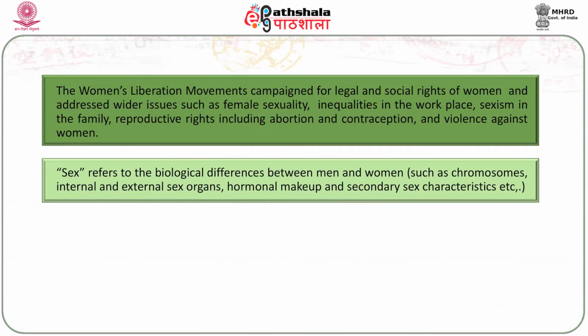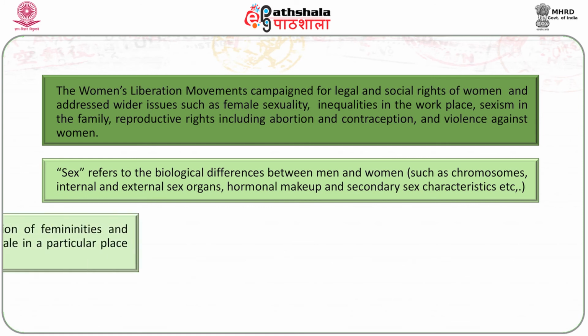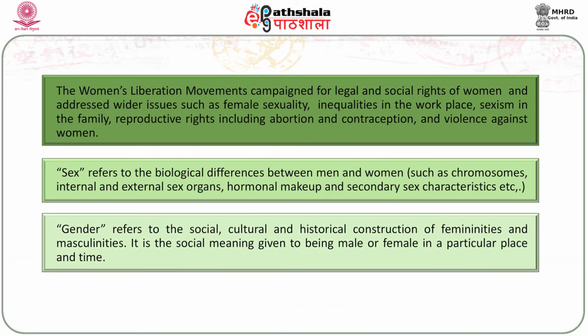Sex refers to the biological differences between men and women, such as chromosomes, internal and external sex organs, hormonal makeup, and secondary sex characteristics, while gender refers to the social, cultural and historical constructions of femininities and masculinities.